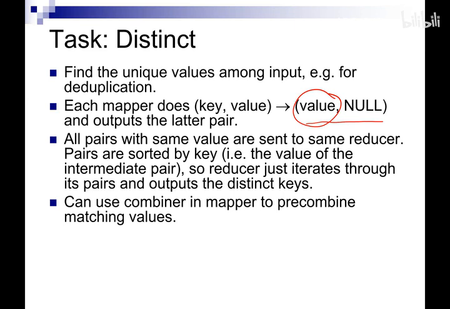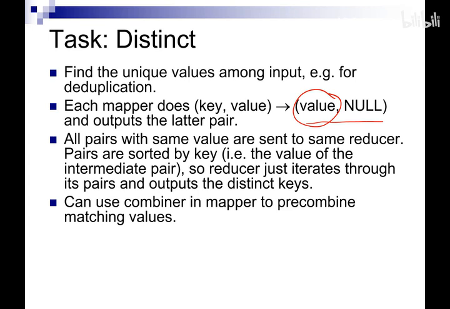Okay, so here we can actually use the combiner to do some sort of pre-combining. Because for example, if we have multiple copies of a value, then the combiner, which is running on a single mapper, can take all the copies of the value that this mapper saw, and just keep a single copy of those.